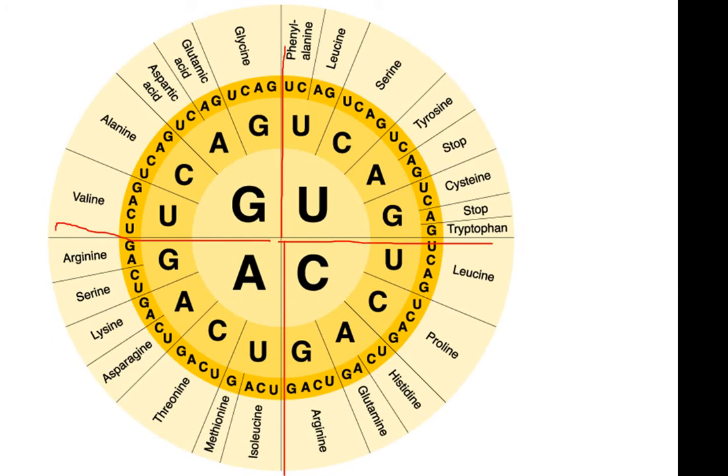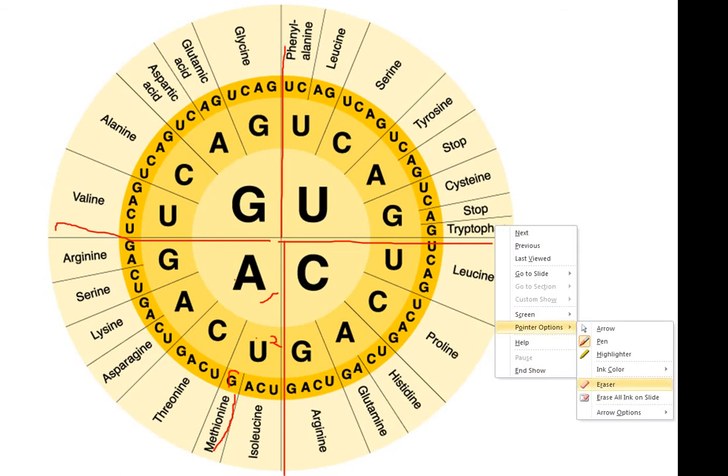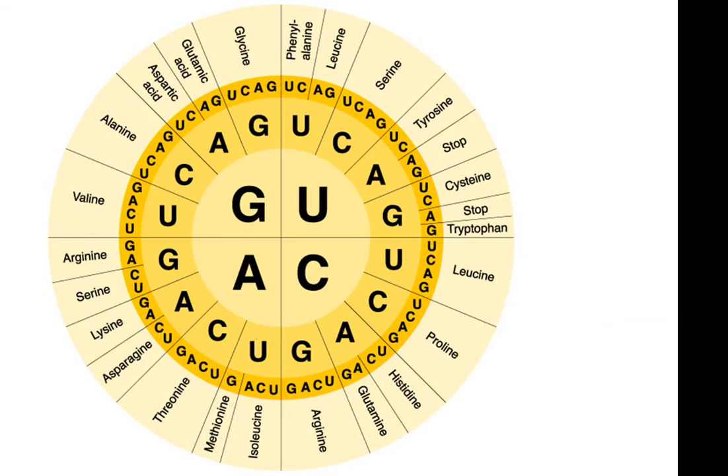So let's do methionine again, AUG. Here's first base, A. Second base. I almost made a mistake and went here. G, there's your third base, methionine. Let's just pick another one.